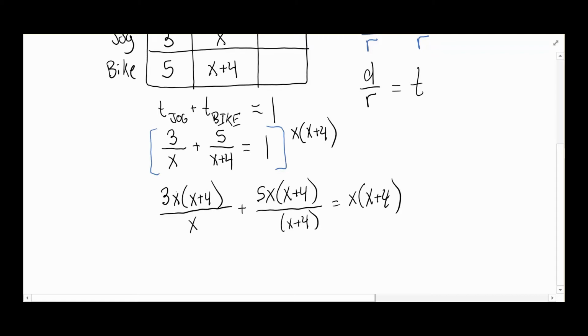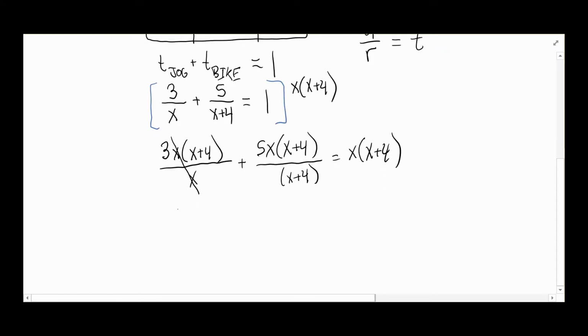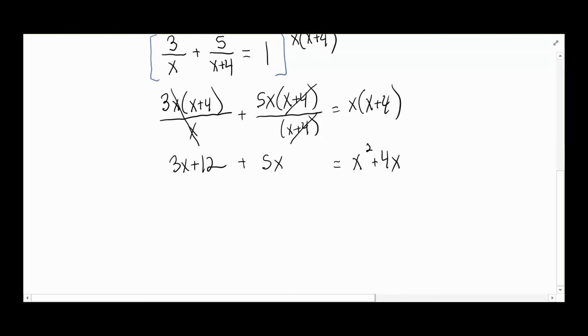So in the first fraction, the x's divide out, leaving just 3x plus 12 as I distribute the 3. In the second fraction, the x plus 4's divide out, just leaving the 5x. And on the right-hand side, I could distribute the x across, getting me x squared plus 4x.